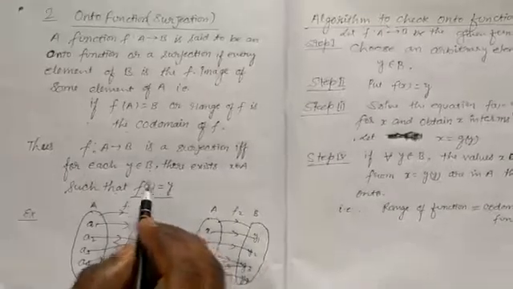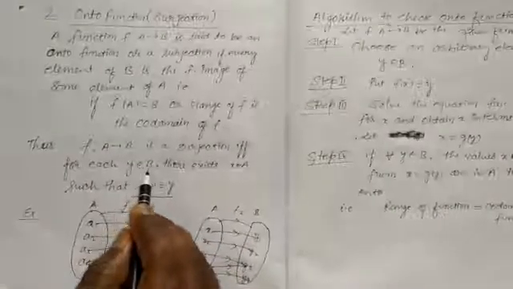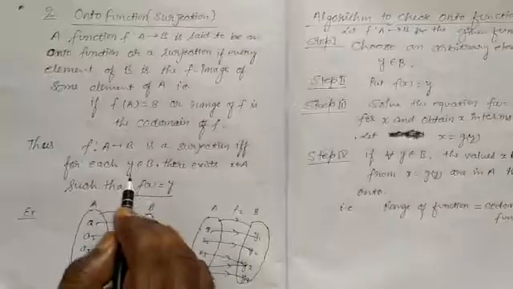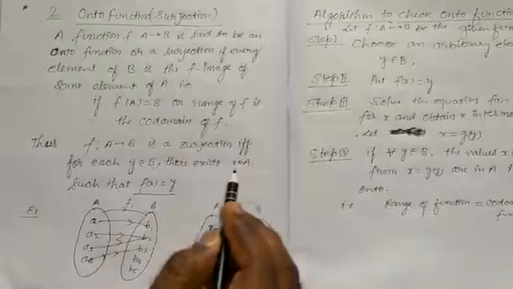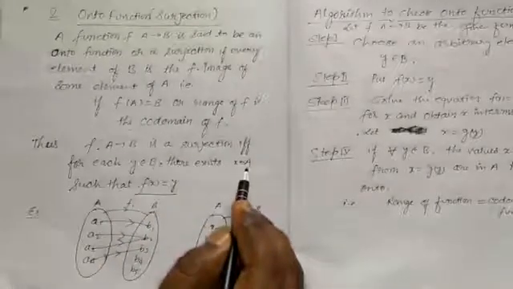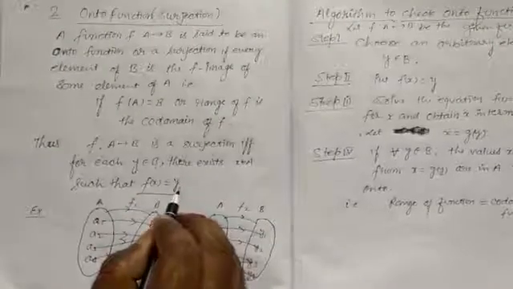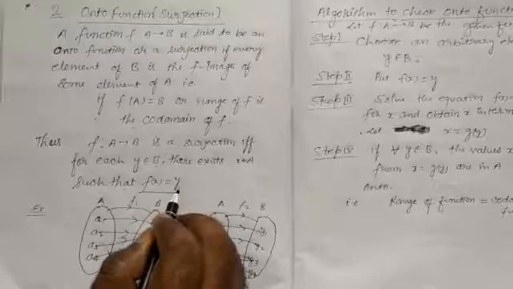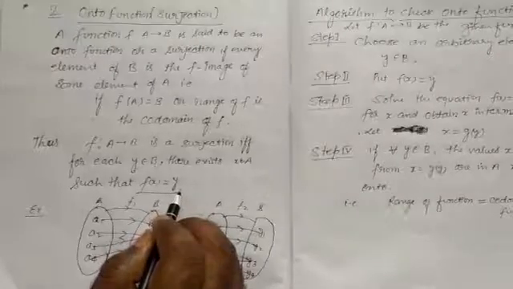It means for any element y of set B, there will be an x in set A which is associated to the element y, that is f(x) equals y. In this case, the function is said to be an onto function.